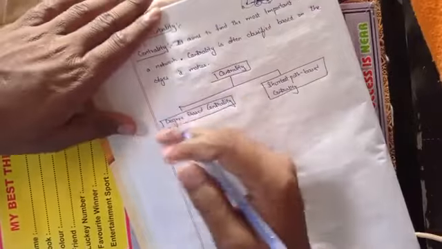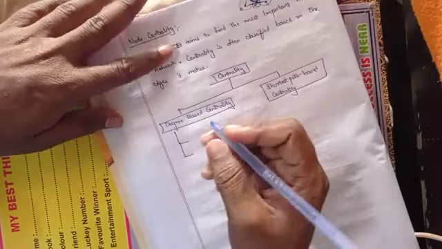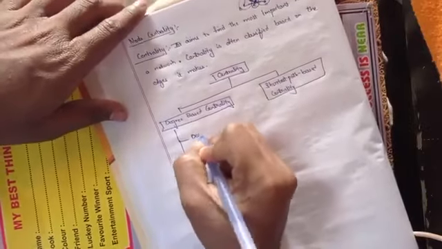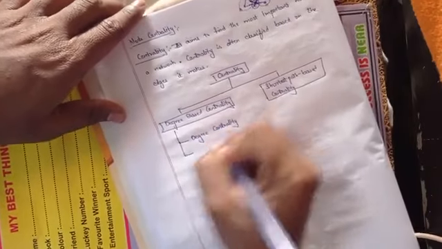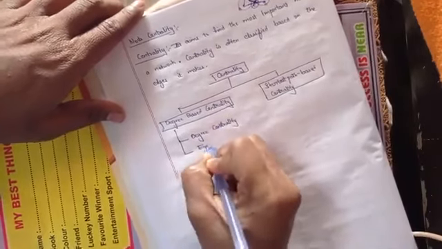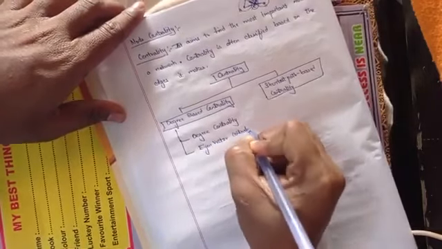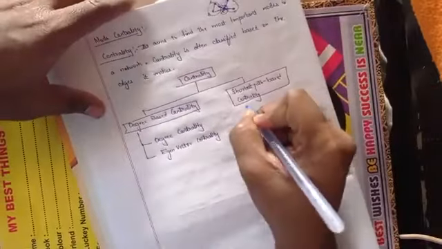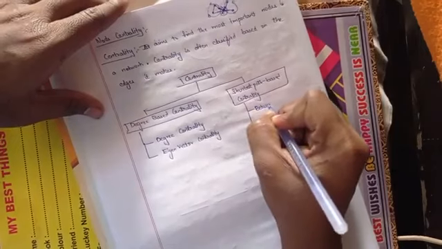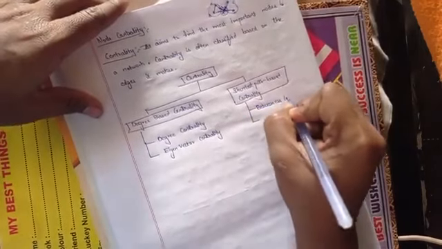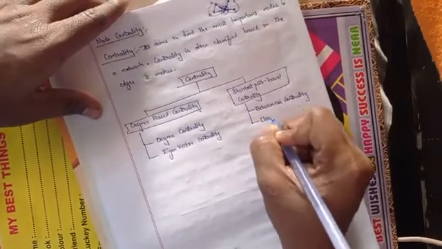So degree based centrality is again classified into two types, that is degree centrality as well as the eigenvector centrality. And shortest path based centrality is classified into two types: betweenness centrality and closeness centrality.